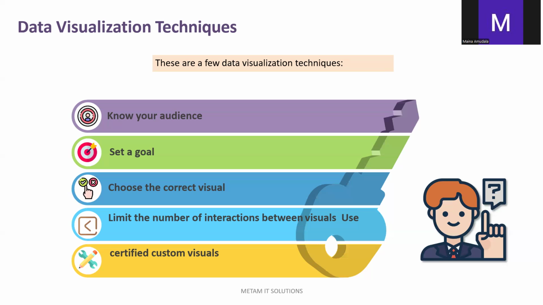Coming to the types of data visualizations in Power BI, we have many different types of charts. Tables, where we can use data in a tabular format, and matrices, displaying data in a matrix format with rows and columns.